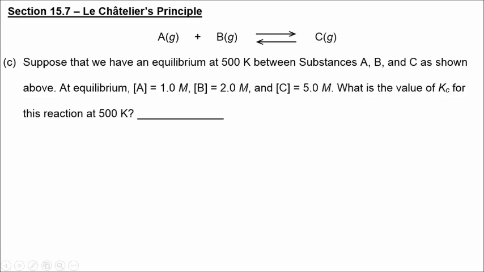Suppose we have an equilibrium between A, B, and C, where the concentration of A is 1 molar, concentration of B is 2 molar, and concentration of C is 5 molar at equilibrium. So the value of K, the equilibrium constant, would be 5 divided by 1 times 2, which would be 2.5. So we start with an equilibrium constant of 2.5 at this particular temperature.